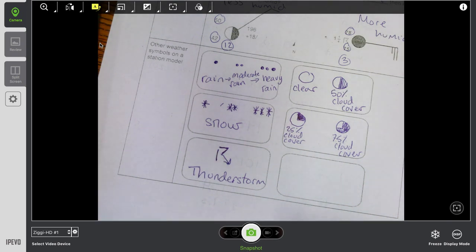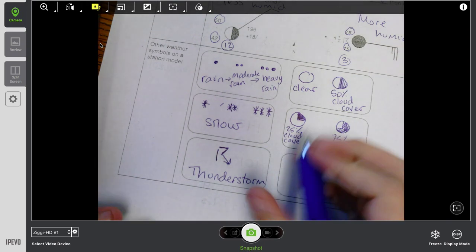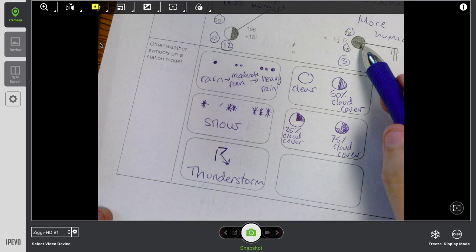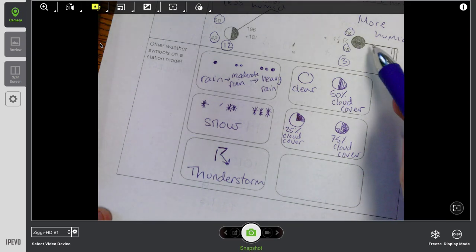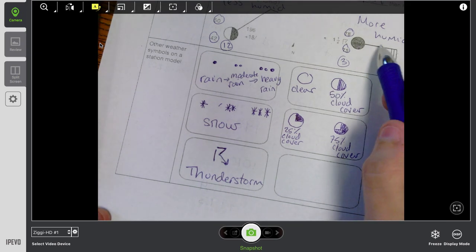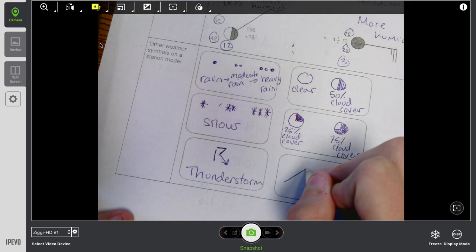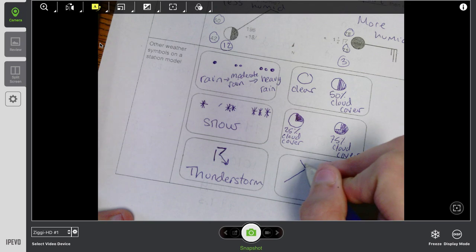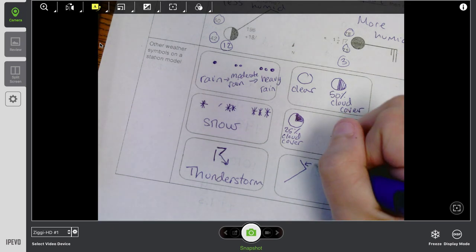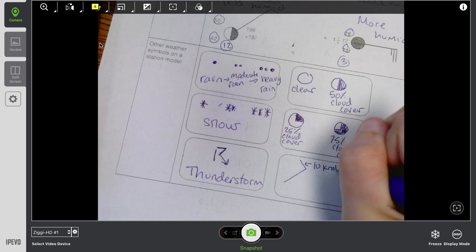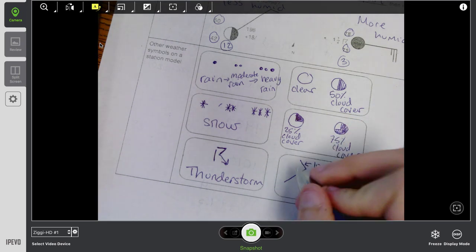And then the last thing I'd like us to go over is wind speed. All right, so the way the line is going shows us the direction it's coming from. So this wind is coming from the east in this example. Each one of these larger lines is going to represent 10 knots, and then you would simply add them.